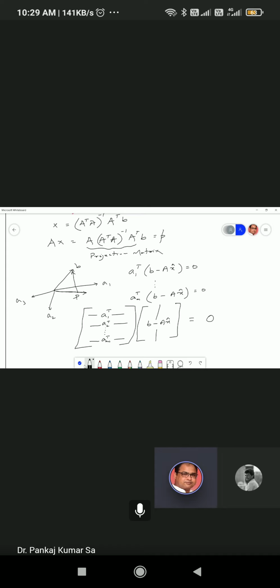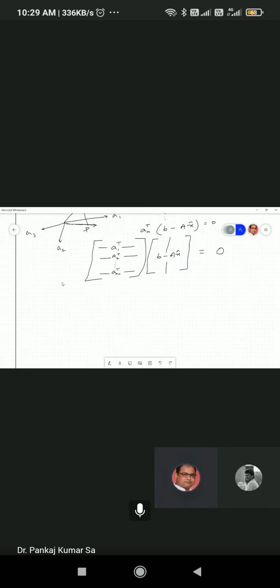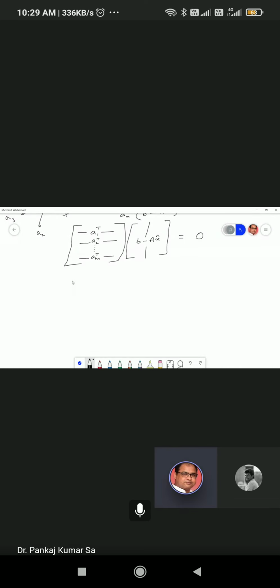Now, what exactly is this? This is again the same thing: A transpose times (B minus AX) equal to 0.